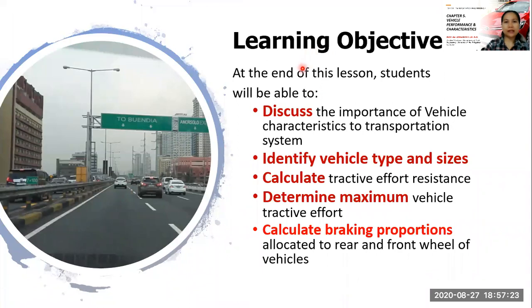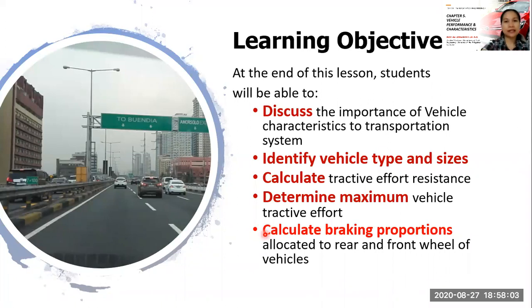So the learning objectives of this chapter are for you to be able to discuss the importance of vehicle characteristics to the transportation system. Second, identify the vehicle type and sizes. Third, calculate the tractive effort resistance, determine the maximum vehicle tractive effort, and then calculate the braking proportions that are to be allocated to both the rear and front wheel of vehicles.